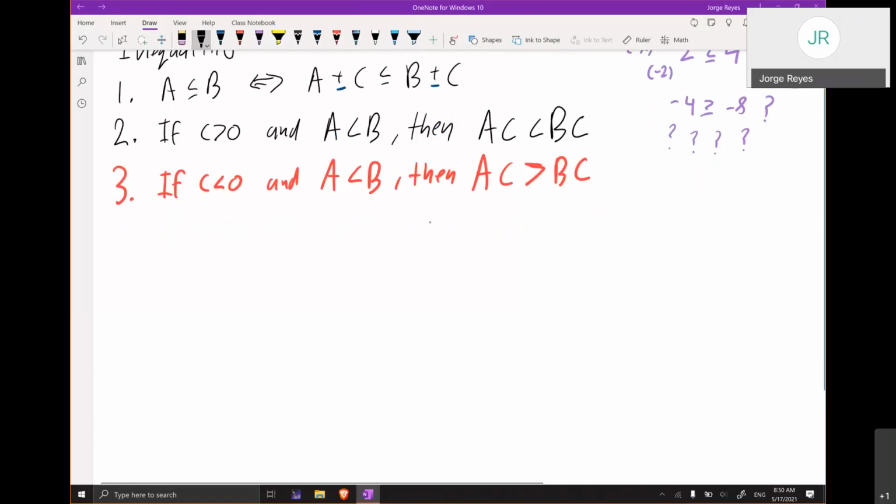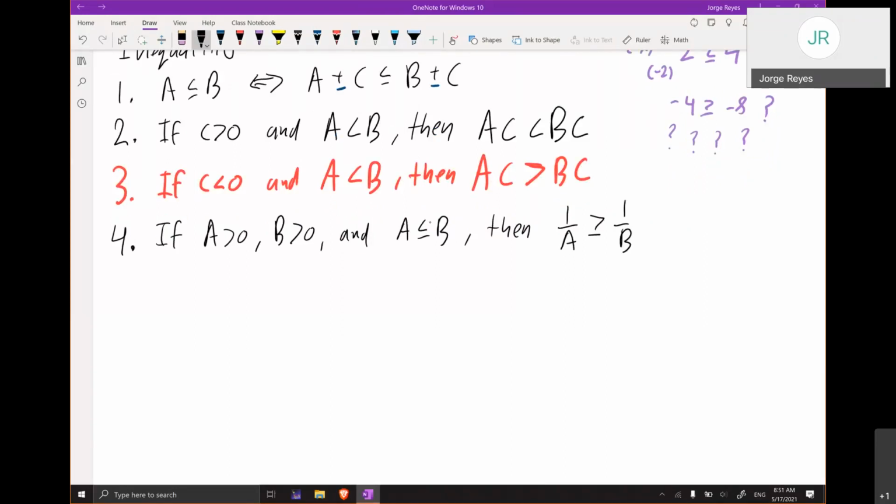Now the other ones, these last two are kind of just special. Not that important, but I should tell you them. If A and B are both positive, really it's if they have the same sign, but let's not get picky, then 1 over A is greater than 1 over B. So what this means is the bigger the number on the bottom, the smaller the actual fraction.